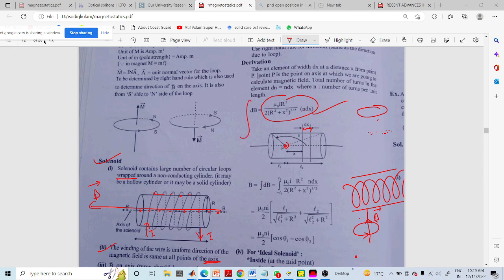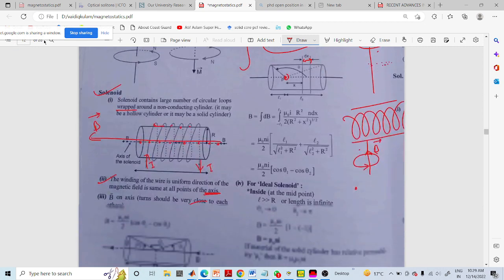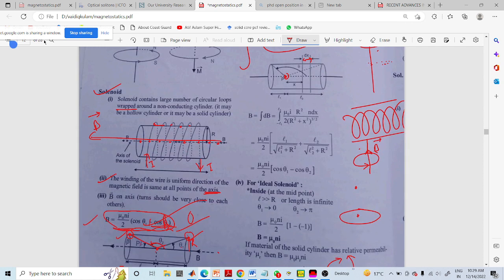Now we will integrate. Mu naught I r square by 2 will all come out, right? The remaining portion is this one, r square plus x square to the power 3 by 2.